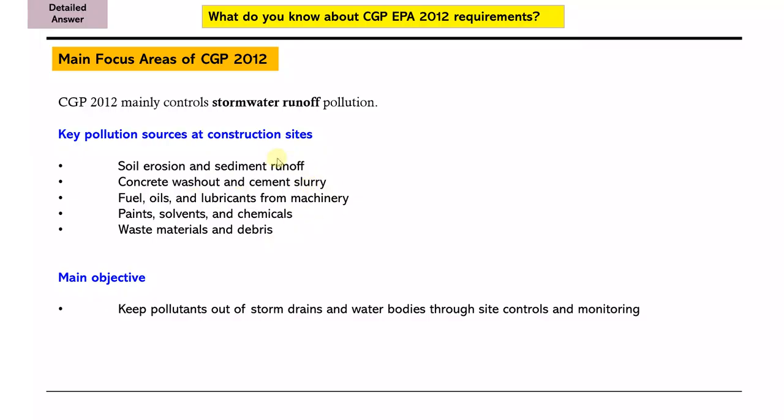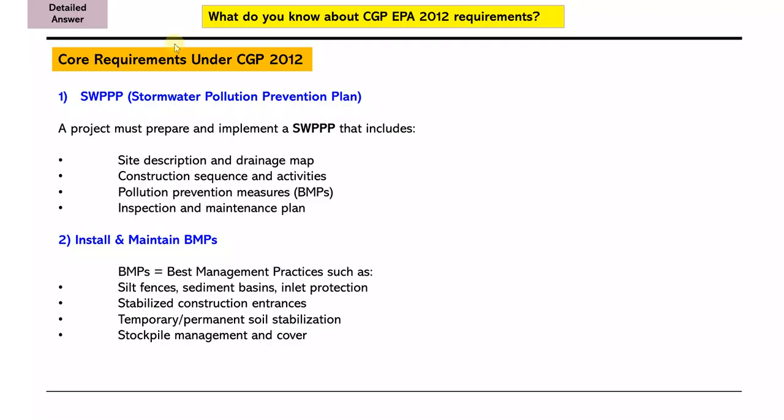Actually, these are the activities which can produce pollution at the site. Also fuels, oils, and lubricants from machinery, paints, solvents, and chemicals, and waste materials and debris. The main objective is to keep pollutants out of storm drains and water bodies through site control and monitoring. So this is all about the main focus area of CGP, its key pollution sources and main objectives.